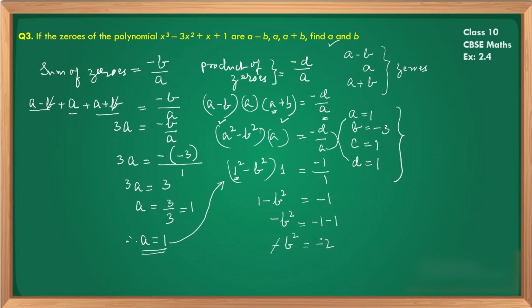Now you can cancel the minus either side, so b becomes square root of 2. This is one more unknown number in the question. Now the answers. What is the answer? The value of a is 1 and the value of b is root 2. This is our answer. Okay, in the next page, we go on to question number 4.